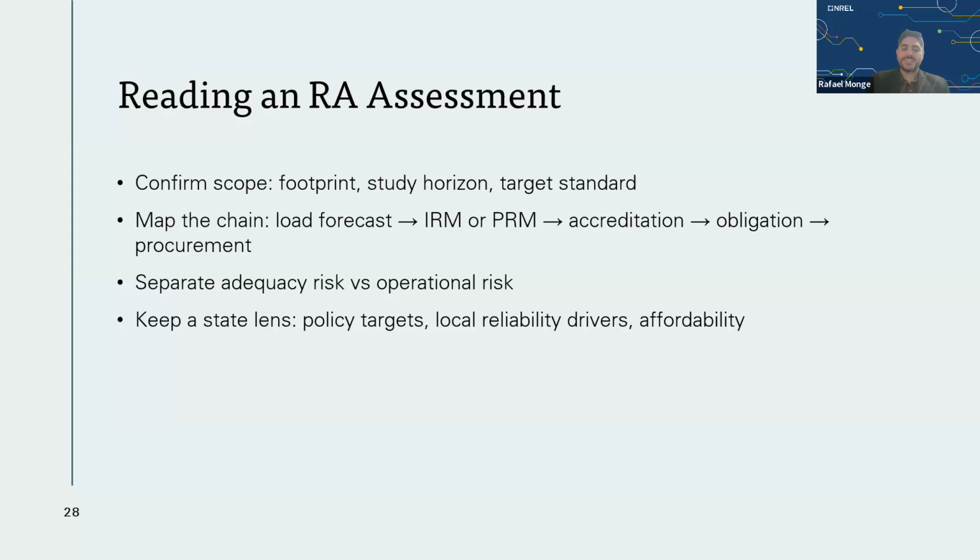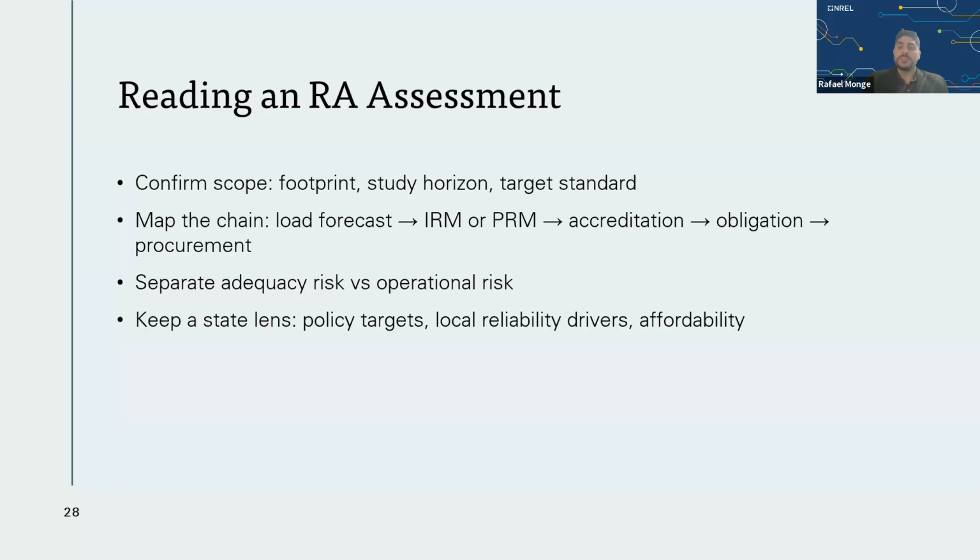Third, keep adequacy and operation separate. Adequacy asks whether enough capacity exists under uncertainty, and operational risks ask whether commitment, dispatch, transmission limits, fuel deliverability, and forecast error allow delivery hour by hour. And fourth, keep a state lens.